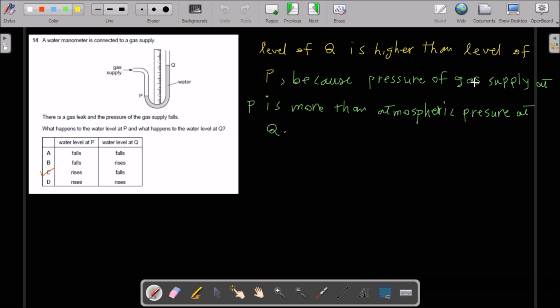Because pressure of gas supply at P is more than atmospheric pressure at Q. So this is one point. And the second point is that when the gas leaks, gas supply pressure decreases, that's why P increases and Q decreases. P goes up and Q level goes down. That's why C is right.